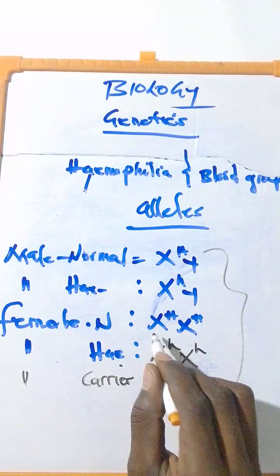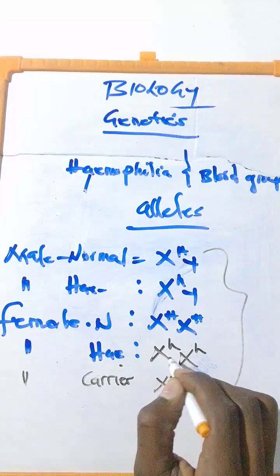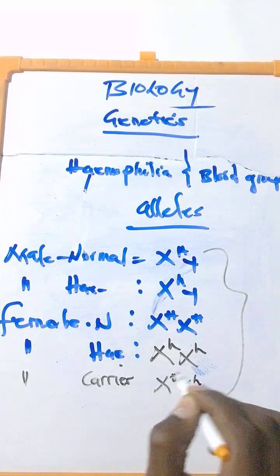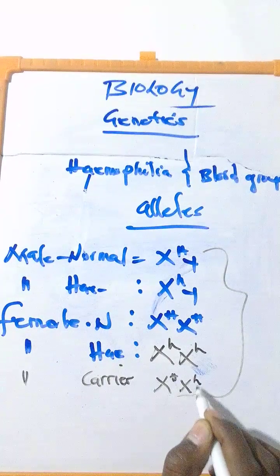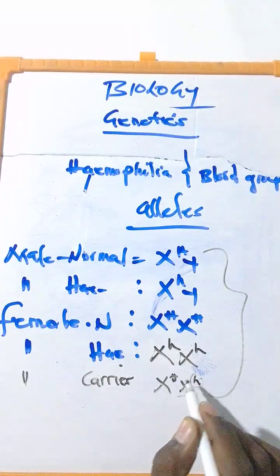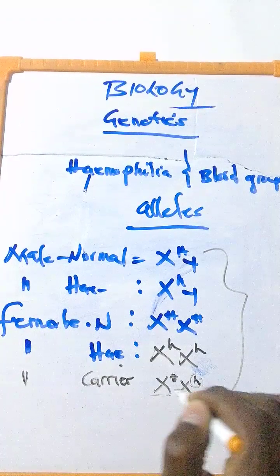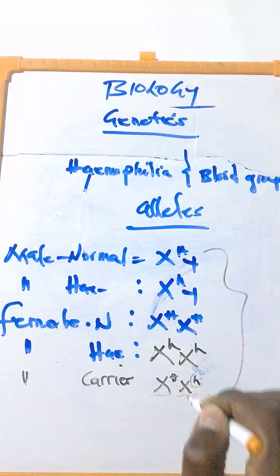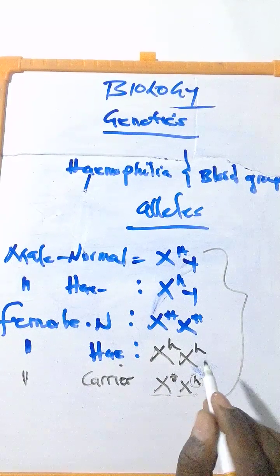Now, in females, since X is the one responsible for carrying this gene, if this X is hemophilic, like in a carrier, then it has this other one which is normal, which will protect it. Hence, a female won't be easily exposed to this disease called hemophilia.